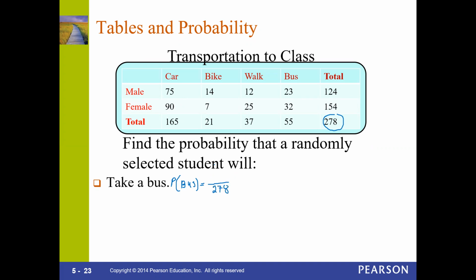So what will you say? How many is the probability to take a bus? Here we don't care whether it's male or female. We just want to know how many people are taking the bus. Look at the table.